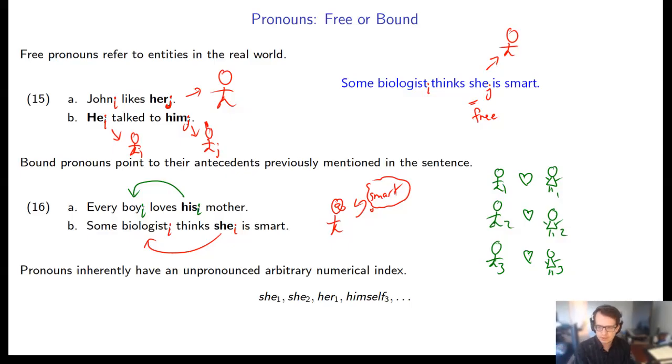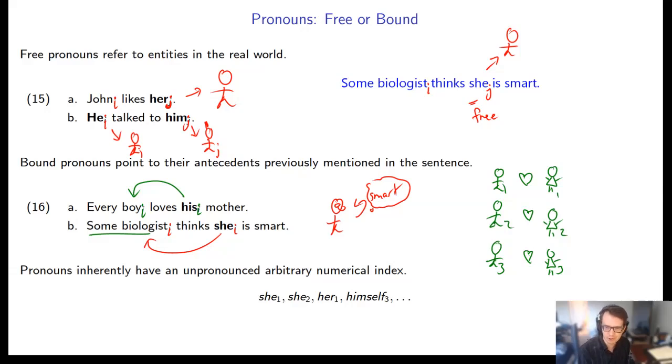Now, to help us do our interpretation, every single pronoun that we look at is going to get a number. That way we can link it up with our antecedents. When we say antecedents here, in terms of conditionals, we always mean the thing on the left of the arrow. In syntax, we mean the noun phrase that's giving meaning to the pronoun.